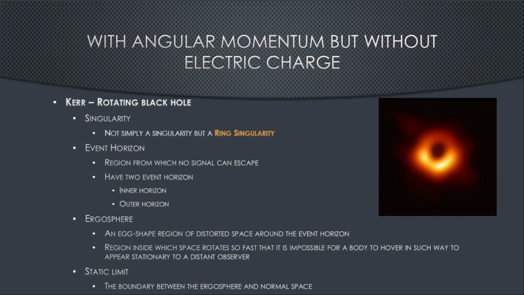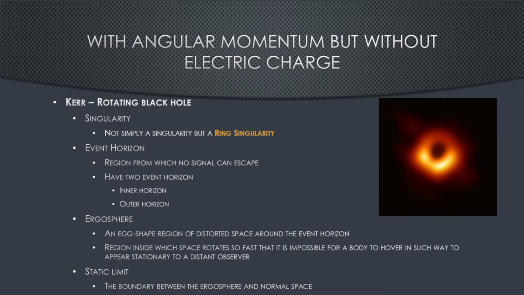And the second one is with angular momentum but without electric charge. It is called the Kerr rotating black hole. The black hole recently imaged in AMA1D07 is the Kerr rotating black hole. It also has a singularity, but it's not a simple singularity, it's a ring singularity.